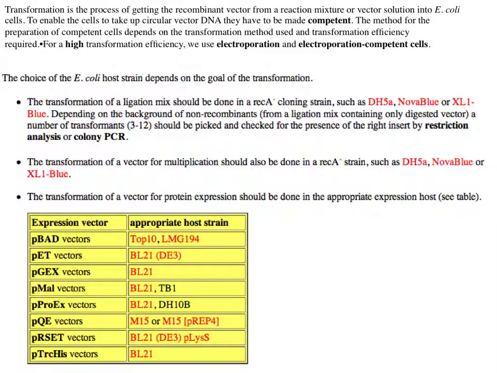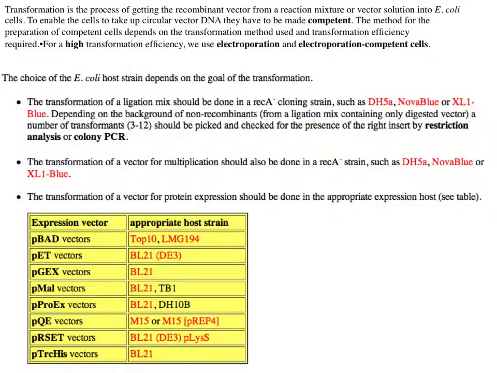So you need to transform the DNA into the E. coli, and in order to do so, you have to make your E. coli competent. For high transformation efficiency, you usually use electroporation or electroporation competent cells. The choice of E. coli depends on the goal of transformation. Usually you do the transformation in a RecA minus cloning strain, such as DH5 alpha, Nova Blue, XL1 Blue.